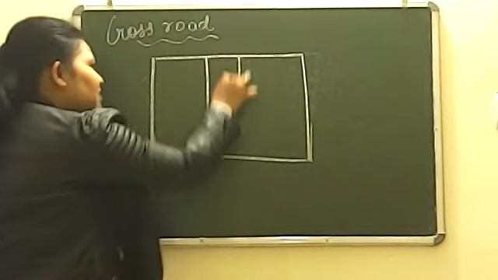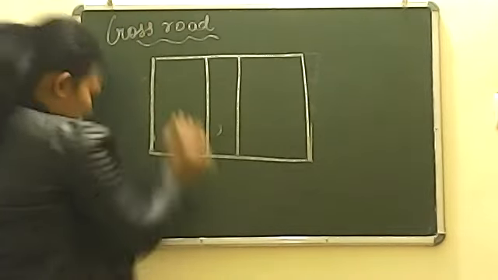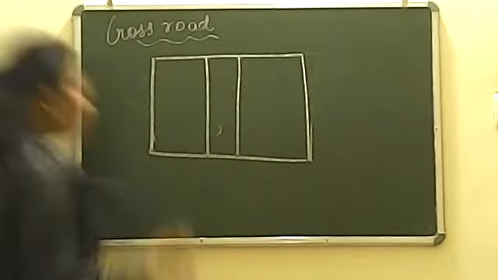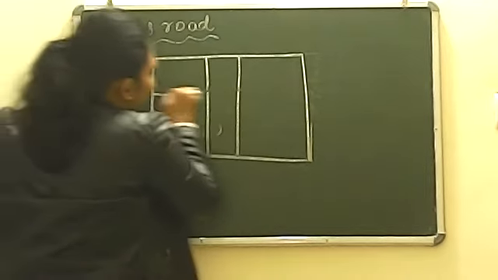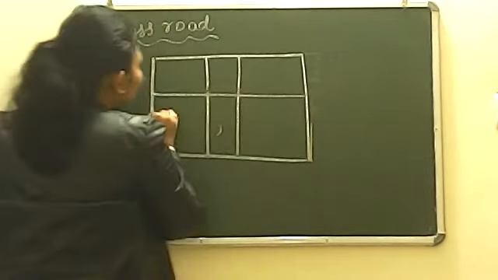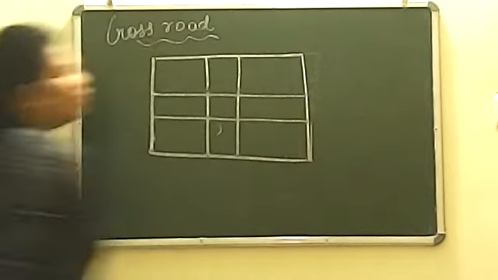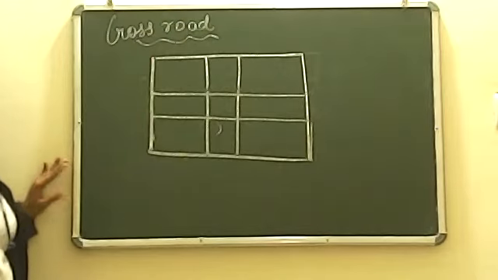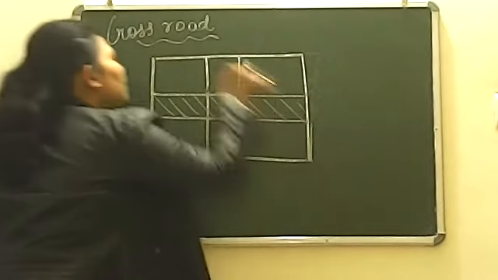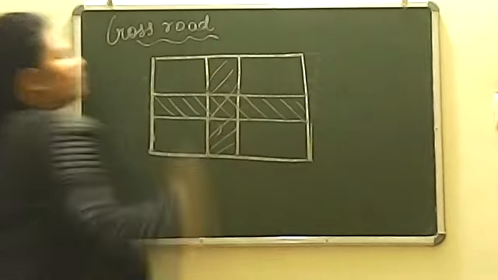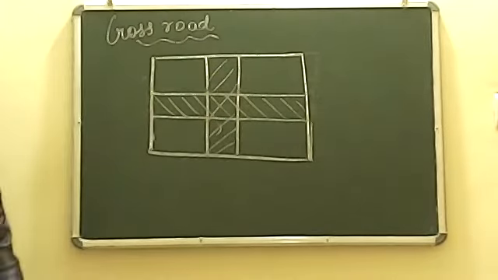So one is this, another is this. And we have to find out the area of the crossroad. The full road we have to take out. We have a question like this.